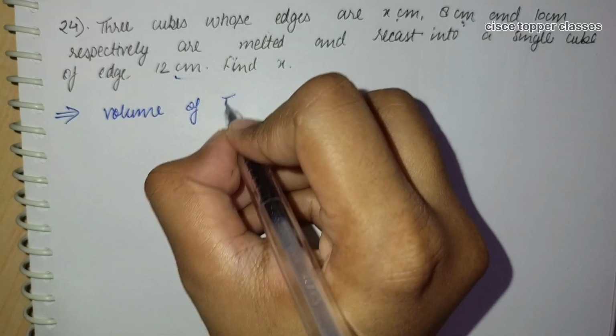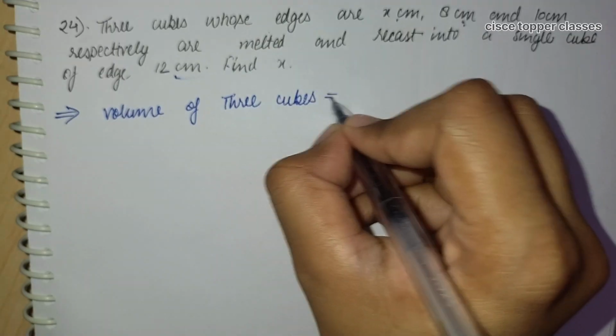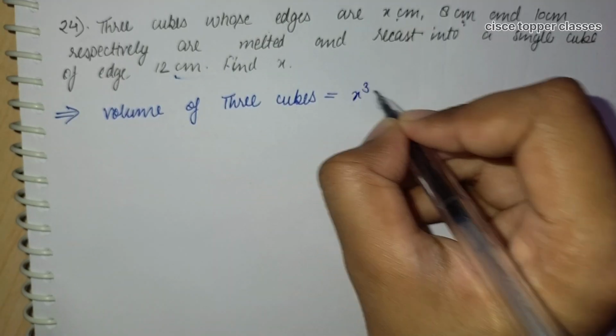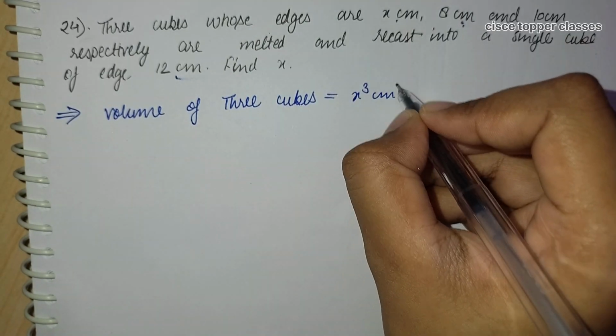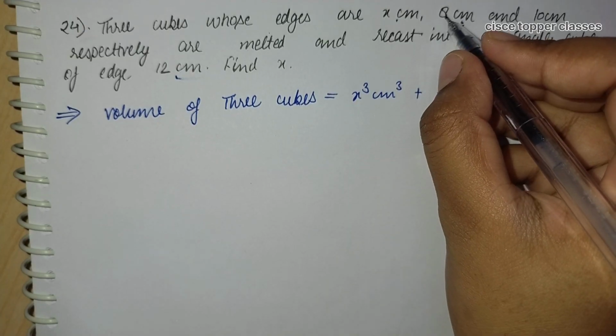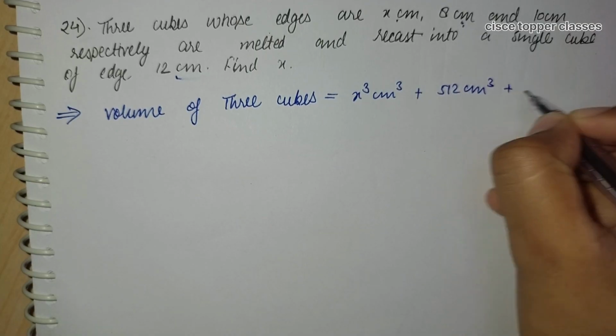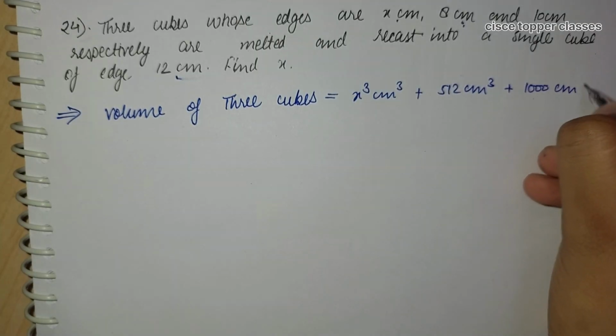So we can write the volume of 3 cubes, on adding, as the total volume. It will be x cubic centimeter plus 512 on taking the cube of 8. So this will be 512 centimeter cubic plus 1000 centimeter cubic.